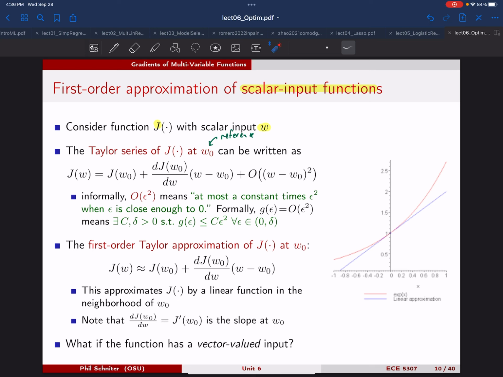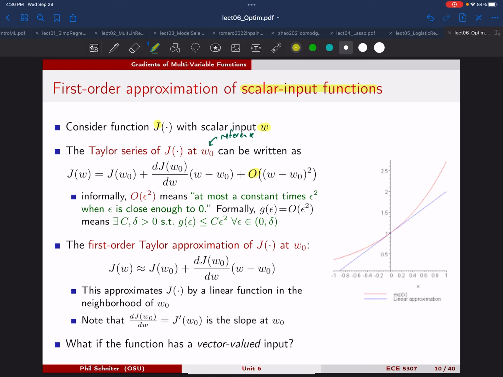But we're saying we don't need all those details. We're going to stop after the linear approximation and collect all the extra stuff in one term, which we denote with big O. How many of you have seen this big O notation? Okay.